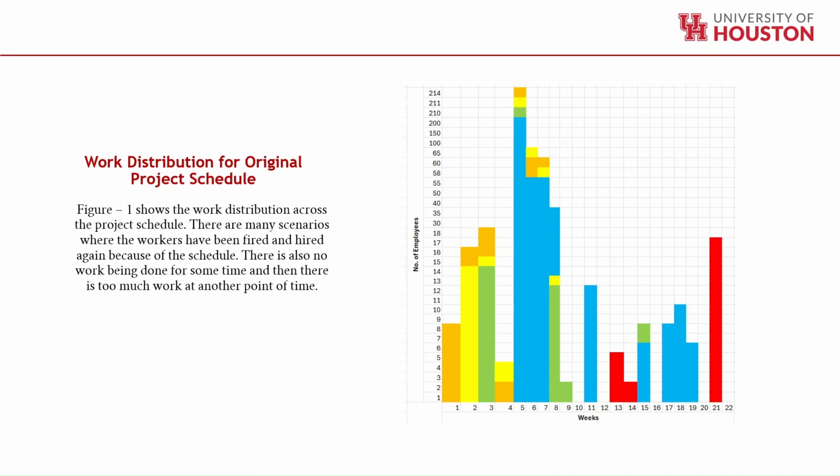So this can be done, but it's not recommended because the cost can be a little high and there will be too much inefficiency across the whole system. And we'll look into the level schedule in a bit.